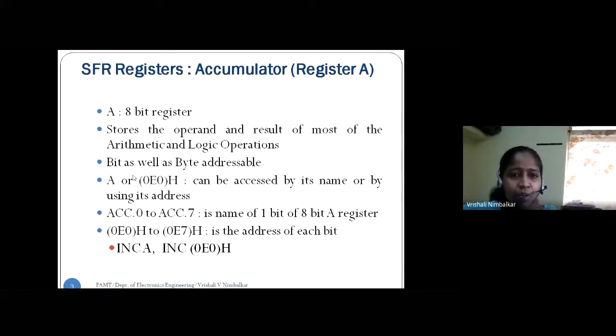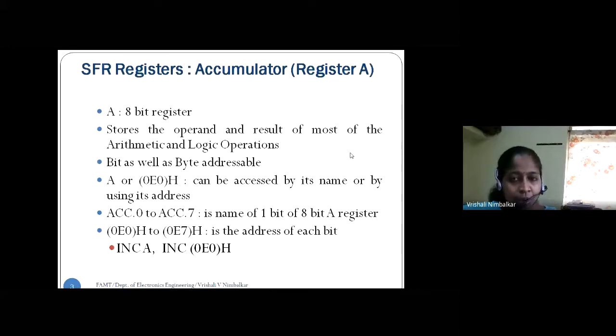Next, accumulator is bit as well as byte accessible. Whenever you write an instruction, you just write a letter A, microcontroller understands it's an 8-bit read-write operation, correct? And whenever you just write ACC.0, ACC.1, then it is understood as a 1-bit read-write operation, correct?